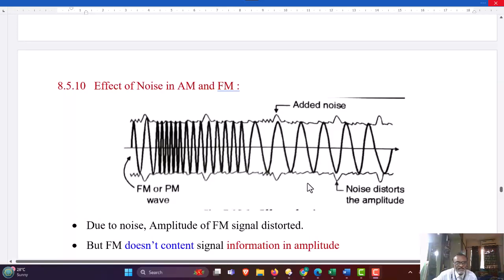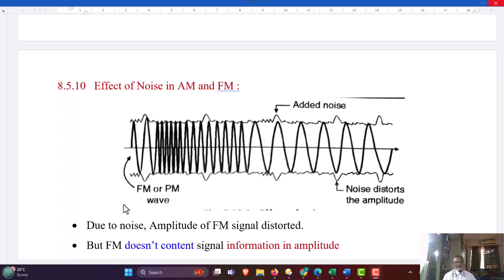Let us understand the effect of noise on AM and in FM. When the modulated signal is propagated through a medium, unwanted noise gets added to the signal. Unwanted signal is added as amplitude variation always.